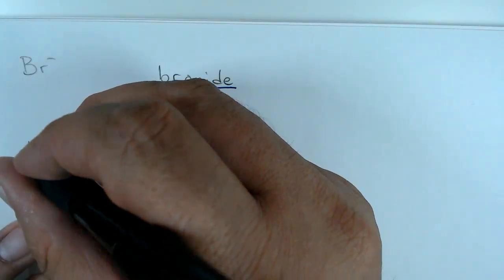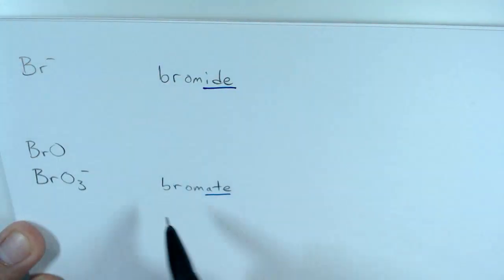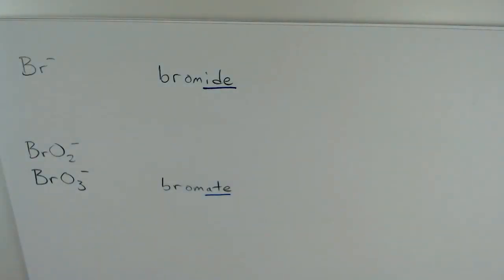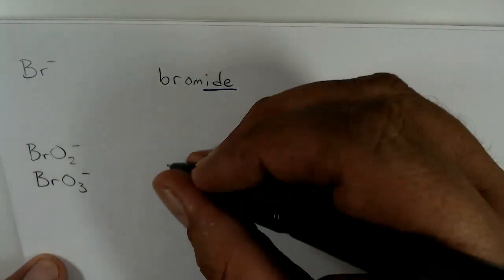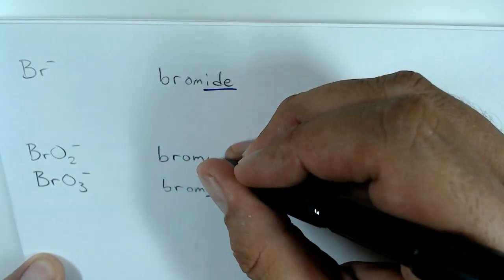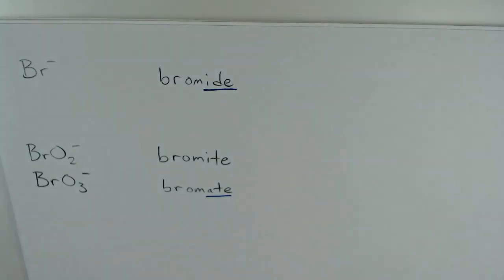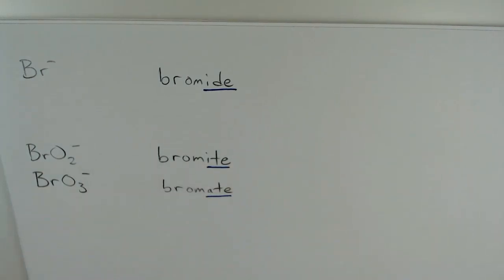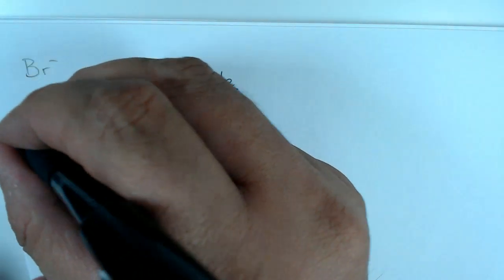All right, and if we take away an oxygen relative to the base amount, do you guys remember what the name changes to? Yeah, it becomes ITE. All right, and then what if we have only one of them?